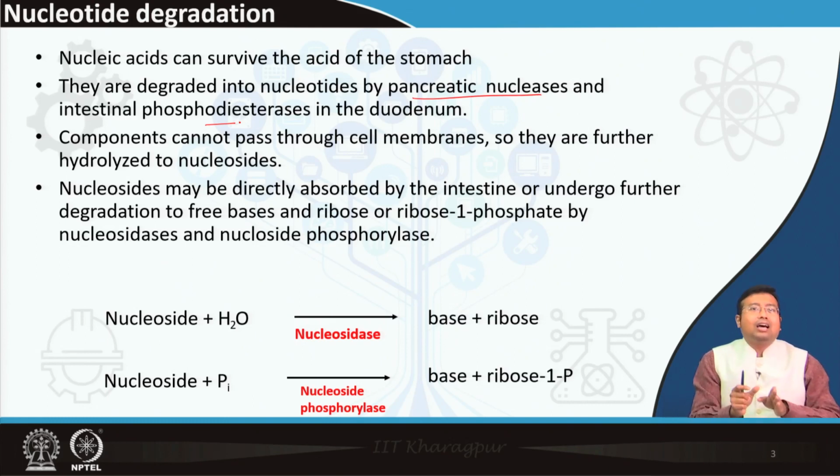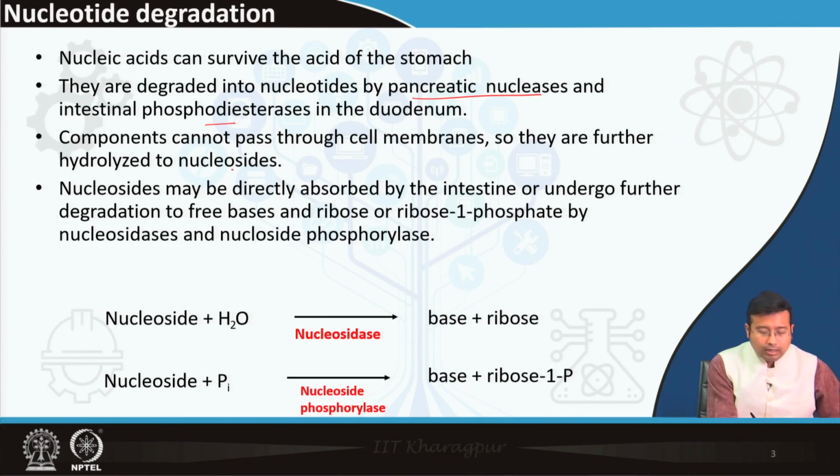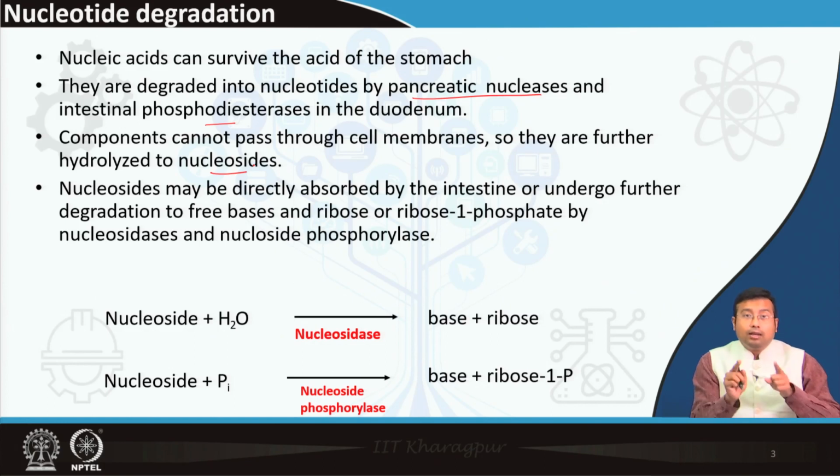However, since they cannot pass through cell membranes, the phosphate group is broken off further and they are ultimately turned into nucleosides. Very important: in the last class we already discussed nucleic acid chemistry, what are nucleobase, nucleotide, nucleoside. It is a very fundamental thing you should remember, both during synthesis and degradation.